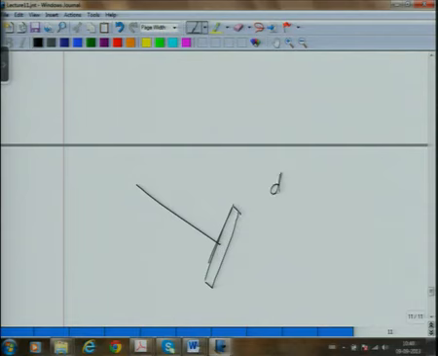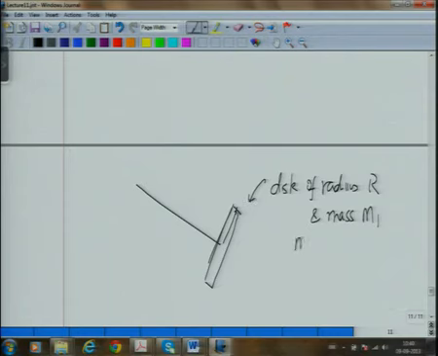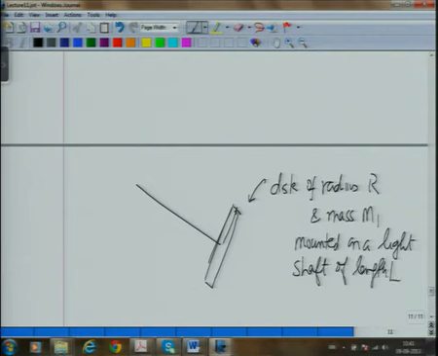we have a disc of radius r and mass m1. So, this radius is r and mass is m1, and this is mounted on a light shaft of length L. So, this length is L, and this is mounted on this.